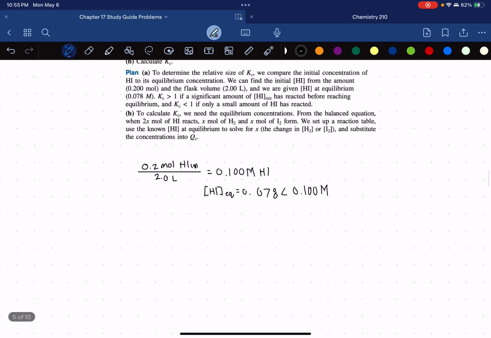So we can expect that Kc is less than 1, meaning that our reaction must proceed to the right to achieve equilibrium.